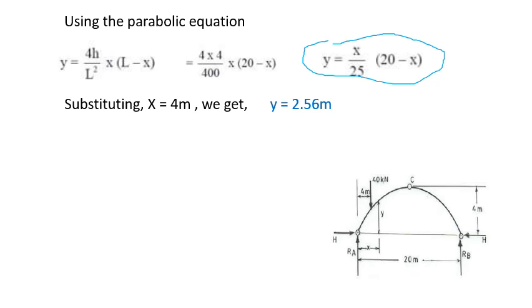Directly you can substitute in this equation the value of x, that is 4 into 4 by 400 into 4 into 20 minus 4. You get y as 2.56 meter.